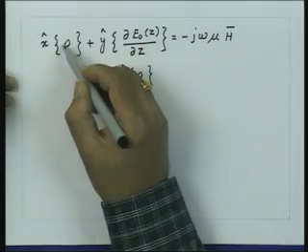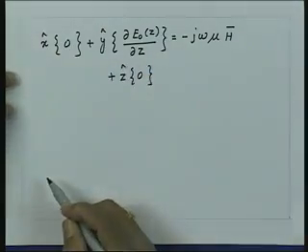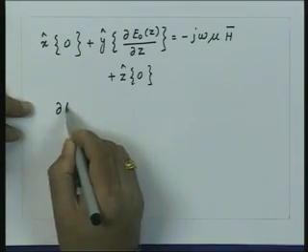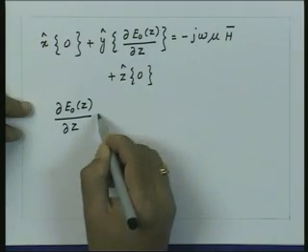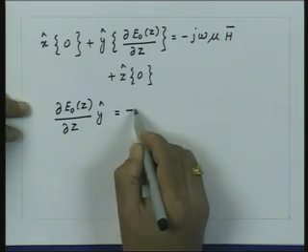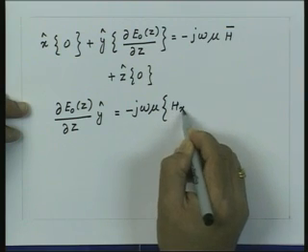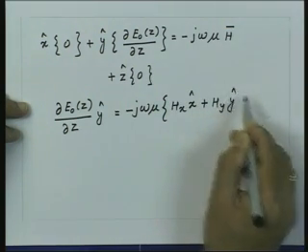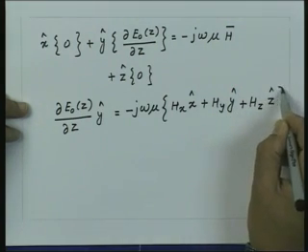So, this quantity is 0, the x component is 0, the z component is 0, only there is a y component here. Which gives me now dE0z by dz, the y component, that is equal to minus j omega mu into (Hx x component plus Hy y plus Hz z).